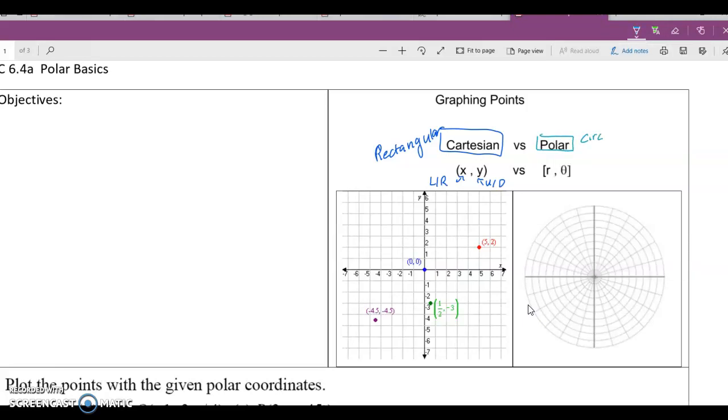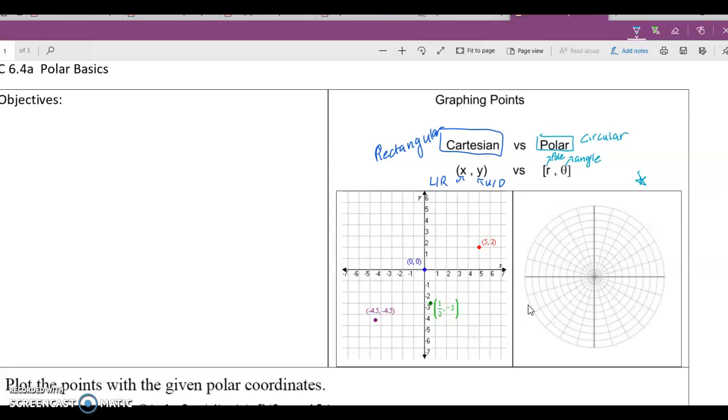they are circular. So this right here is our polar graph, and for polar coordinates, instead of having an x and a y, you have an r and a theta. So r is called your pole, and theta is called your angle.